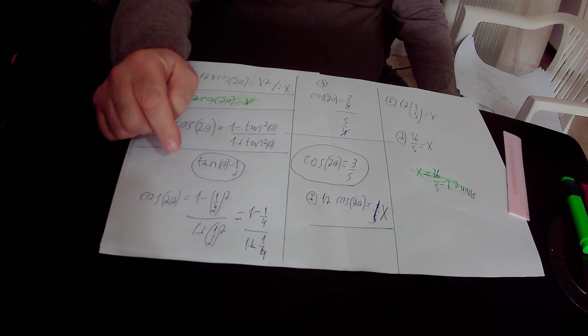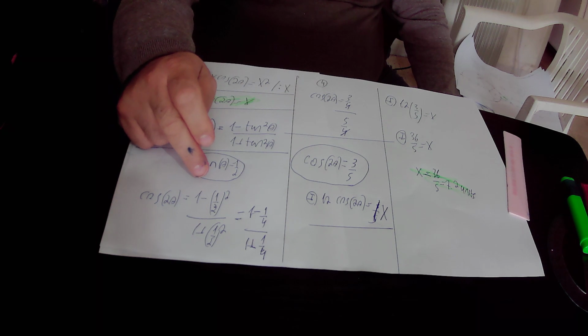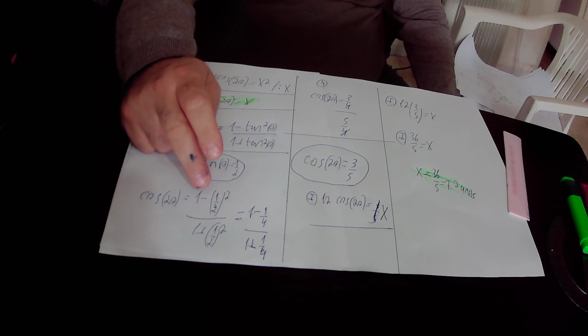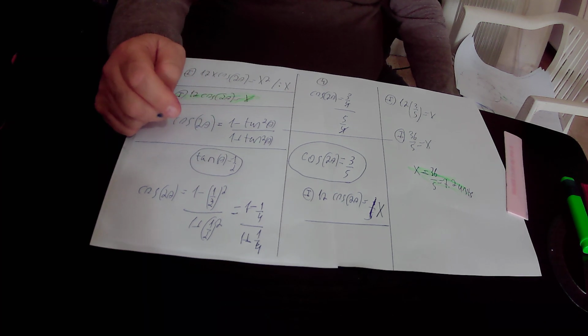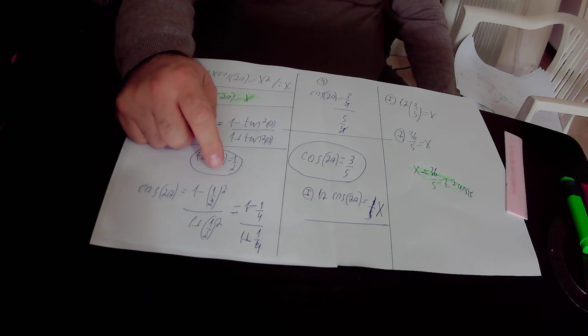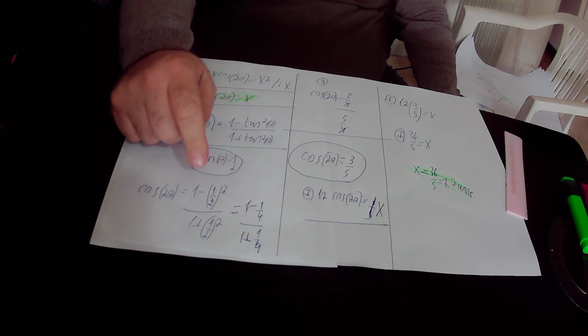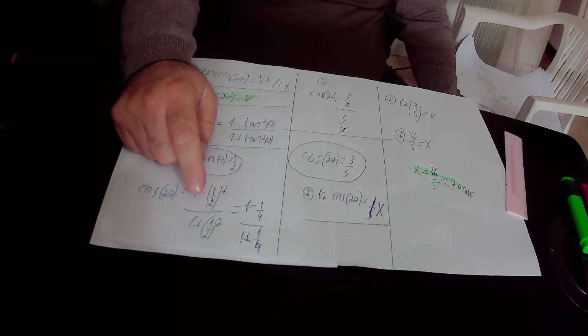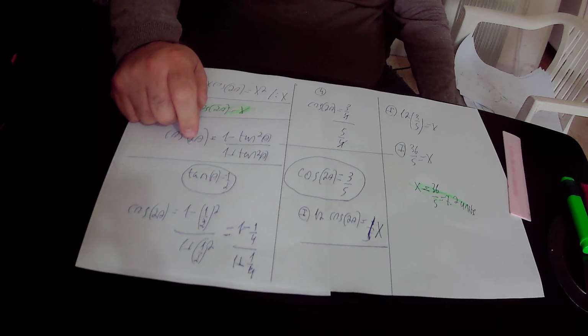So in conclusion, cosine 2 theta equals 1 minus 1 half squared over 1 plus 1 half squared. 1 half squared is 1 quarter, so here it is 1 minus 1 quarter, and in the denominator we have 1 plus 1 quarter.